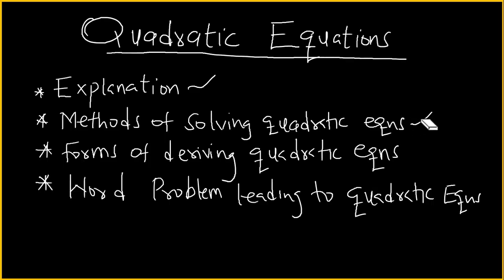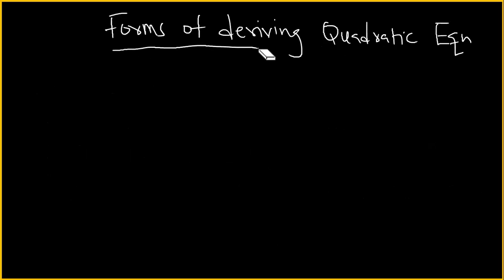The other three methods will be talked about in my other video. So we are moving on to forms of deriving quadratic equations: how quadratic equations are derived when the roots are given.